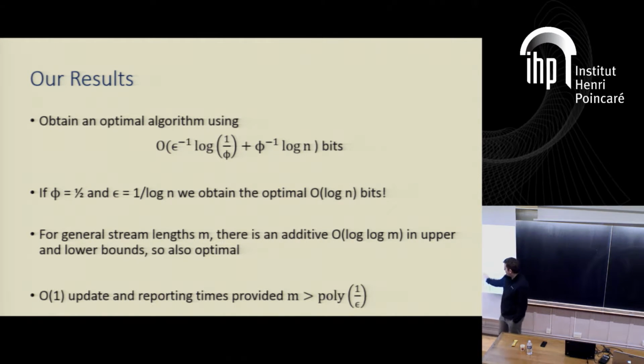And when I have to output these at most 1 over phi heavy hitters, I spend constant time per outputting each one of them. So I get constant update and reporting time, provided the stream length is sufficiently large, at least say polynomial in 1 over epsilon. These are the results for the first part of the talk. Let me know if you have any questions.